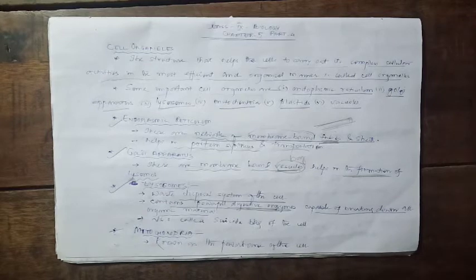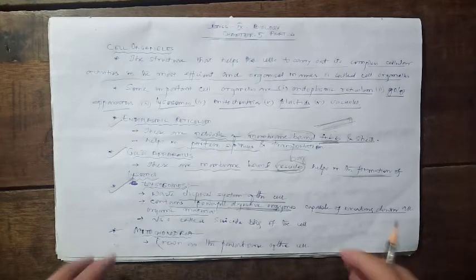Not only organic material, it can digest. If any foreign body enters inside the cells, which may cause harm to the cells, this very powerful digestive enzyme can digest, decompose, and kill those microbes, and they are disposed of in the lysosomes. So that's the importance of lysosomes, because they contain these powerful digestive enzymes.